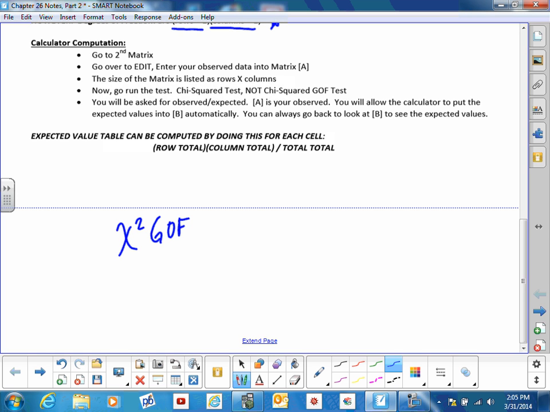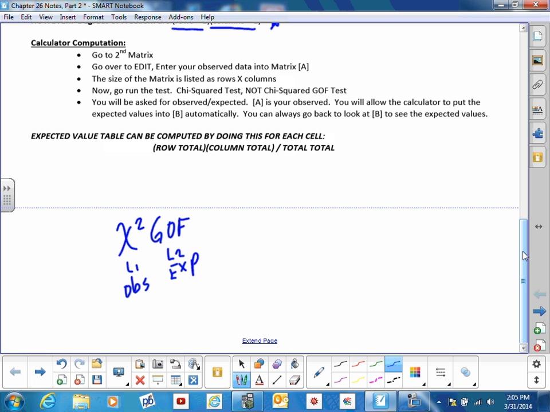Those problems were when you had the observed in your list 1 and the expected in your list 2. We just had them in a list because we were told the claim for the expected. But here, on Friday, we had more dimensions, and so we put this information in a matrix.